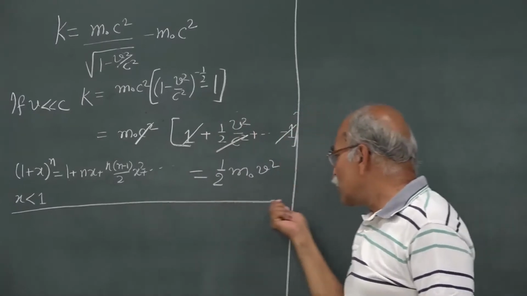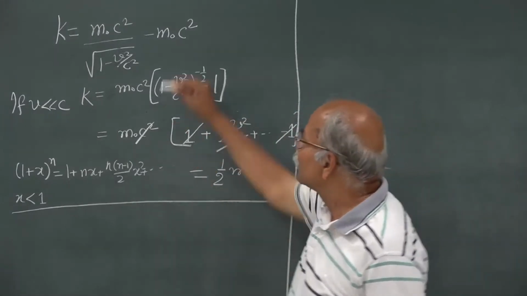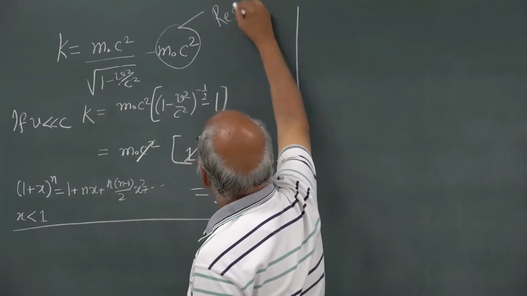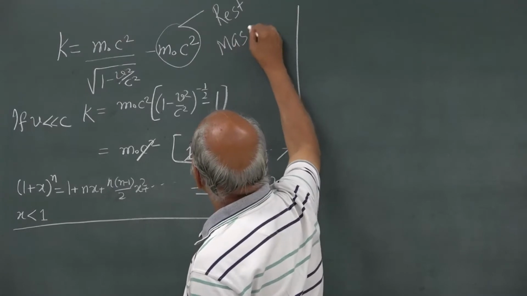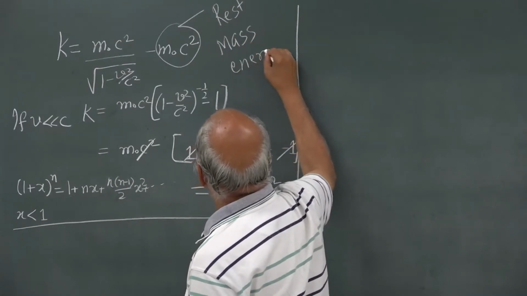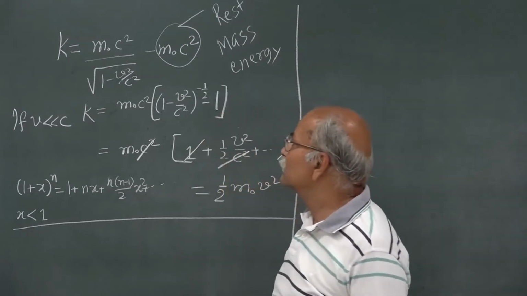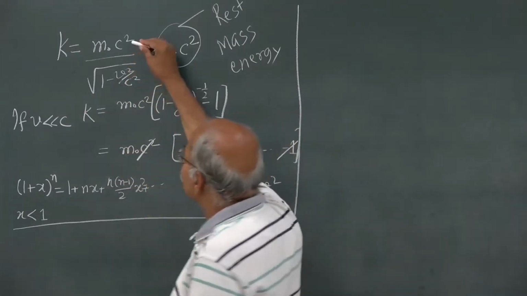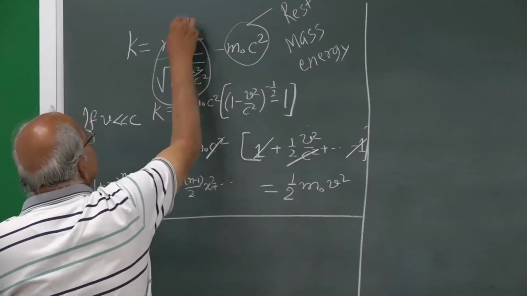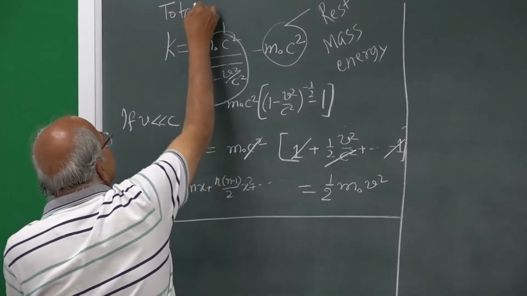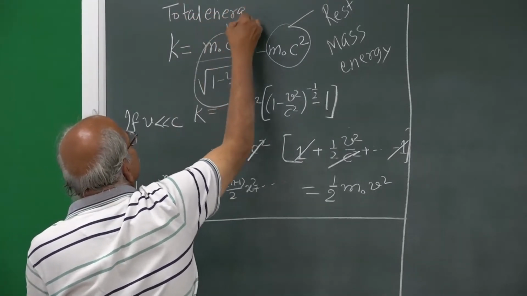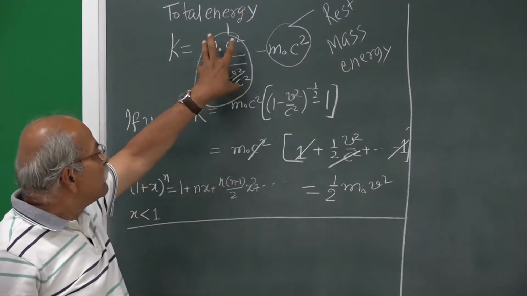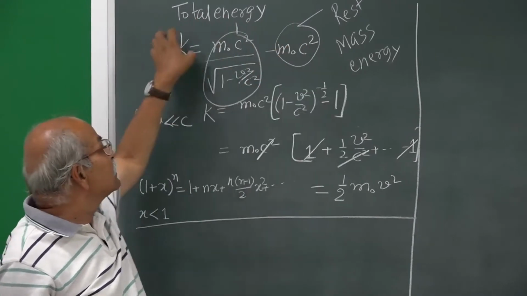Now, let us talk about this rest mass energy once again. This we call rest mass energy, and kinetic energy is the energy coming because of the speed, and this we call total energy, E. So, of total energy E, you have a part which is rest mass energy and a part which is kinetic energy.